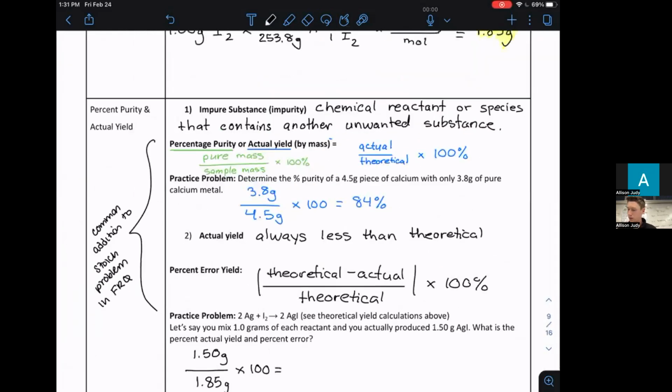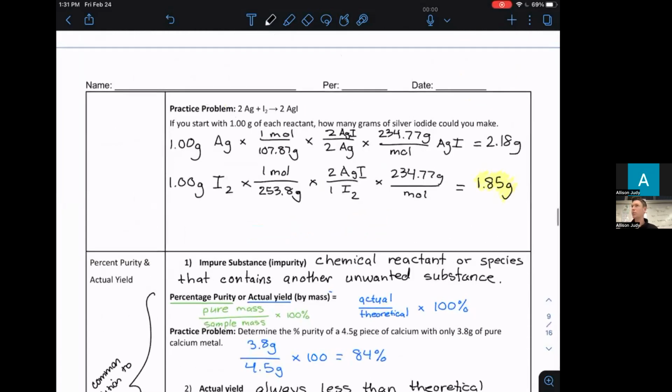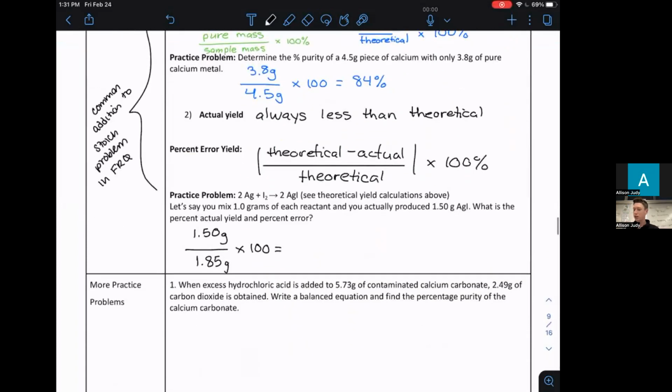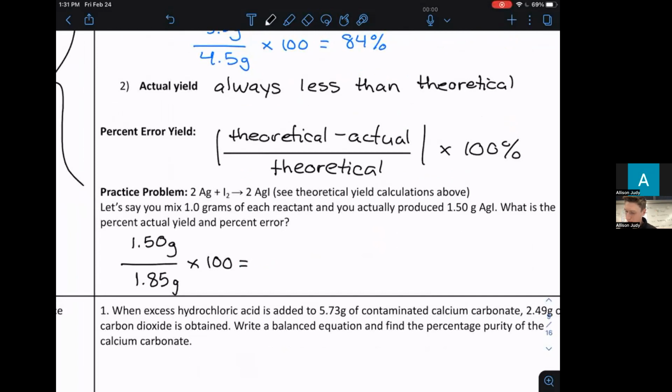This is from above. Our 1.85 is what we calculated up in this practice problem. We're using the same reaction and assuming the same starting conditions. So this works out to be 81%. Actually, yeah, 81% is correct, sig figs.